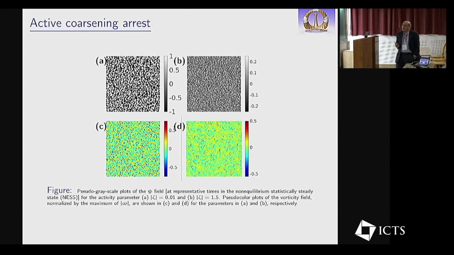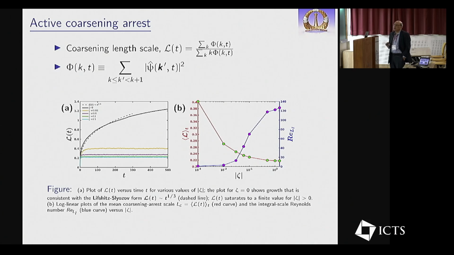And again, I want to show you that this sort of turbulence, which is induced by this activity, there is no external forcing, but it's active in the sense that Sriram and his colleagues have studied a lot. So, as you increase activity, the phase separation is suppressed more and more, and the Reynolds number is still quite modest.